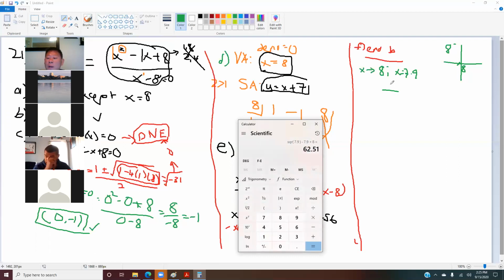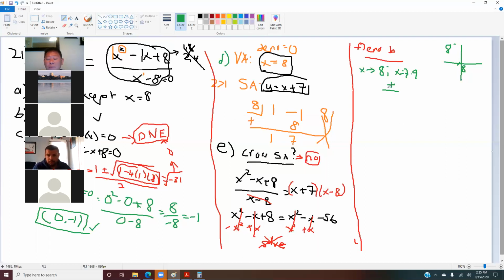This came out to be a positive number. That's why I don't care about whatever number. I just figure out the sign. And then 7.9 minus 8 is going to be negative. So that means this is going to be negative infinity. That's telling us this will go down. And in order for us to do the 8 plus, this is a minus. 8 plus is this side. And yes, we will use 8.1.